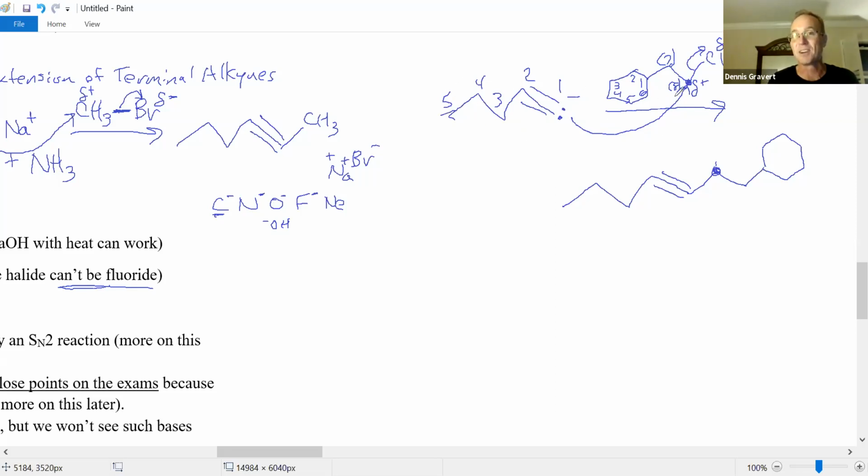I have 8 in this other one. 5 plus 8 equals 13. I better have 13 carbons down here. So there's 1, 2, 3, 4, 5, 6, 7, 8, 9, 10, 11, 12, 13. Good. So you should check that, because I take off a half point if you add an extra carbon or you accidentally lose a carbon. Got to predict the products correctly.